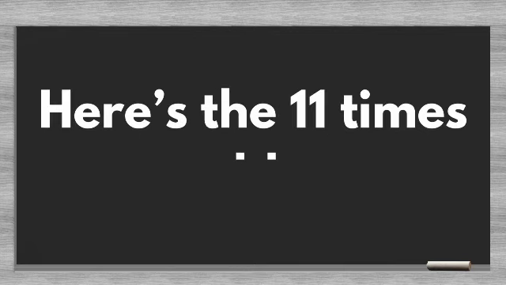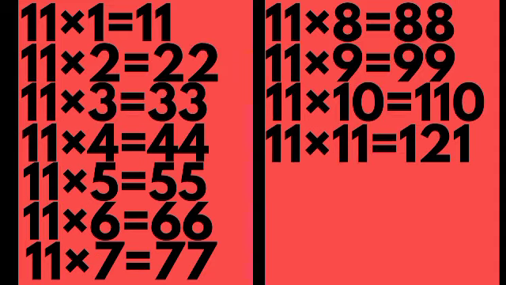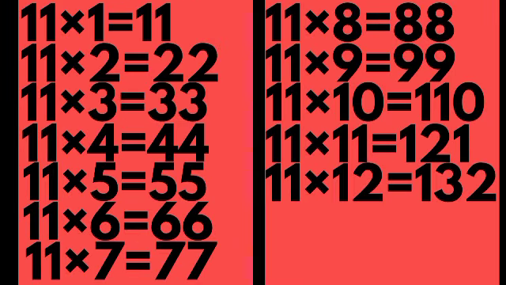Here's the 11 times table. 11 times 1 equals 11. 11 times 2 equals 22. 11 times 3 equals 33. 11 times 4 equals 44. 11 times 5 equals 55. 11 times 6 equals 66. 11 times 7 equals 77. 11 times 8 equals 88. 11 times 9 equals 99. 11 times 10 equals 110. 11 times 11 equals 121. 11 times 12 equals 132.